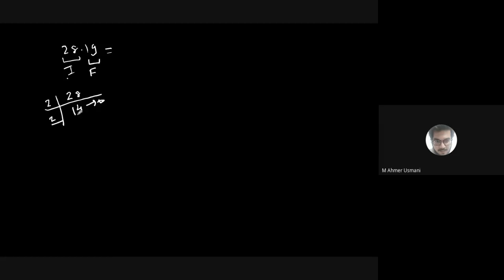Divide 14 by 2, you get 7, the remainder is 0. Divide 7 by 2, you get 3, the remainder is 1. Divide 3 by 2, you get 1, and the remainder is 1. 1 cannot be divided by 2, so you stop over here. So the answer is 11100.